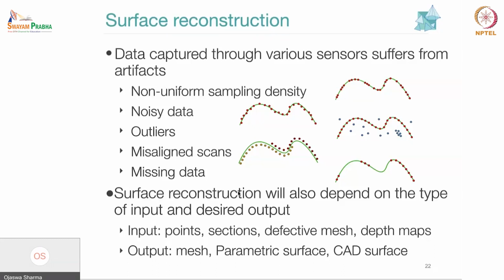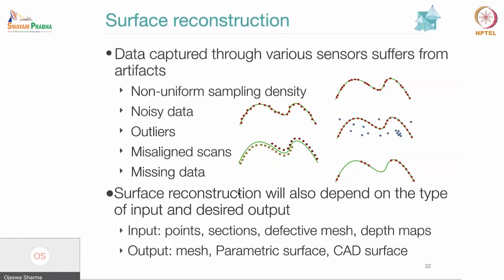And this alignment can cause problems because sometimes this alignment may not be perfect, and these misaligned scans will then result in overlapping points that may have a gap in between. Then there could be missing data. For example, there could be occlusions. So if I'm scanning something, there could be some occlusions that prevented me from scanning part of the shape. So these are all problems with data captured through various sensors.